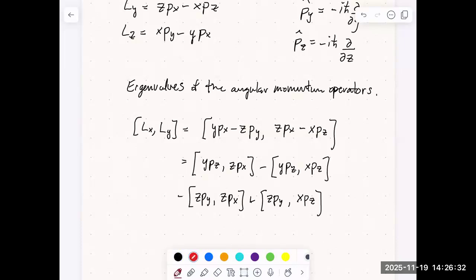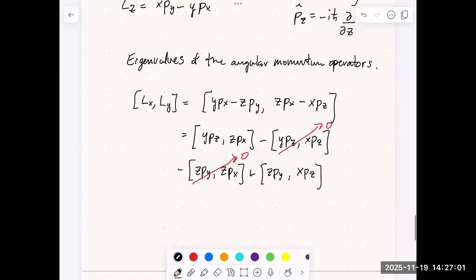All right, and we discussed last time that this pz is going to be derivatives with respect to z, but I don't have any z's anywhere in here. So it's probably not too difficult to see that that one's going to vanish. Likewise, we have a z here, but I have a y derivative and an x derivative. So that one's going to vanish as well. And I think this is more or less where we got to last time.